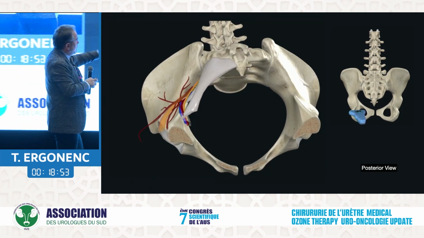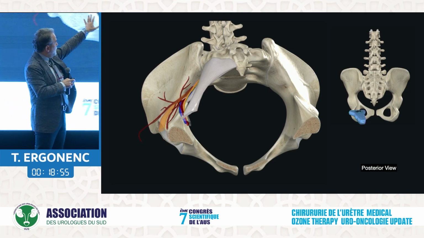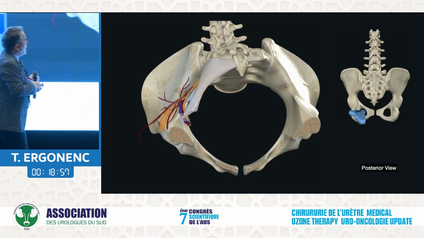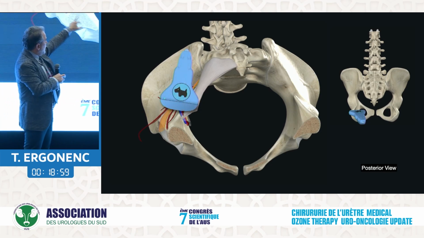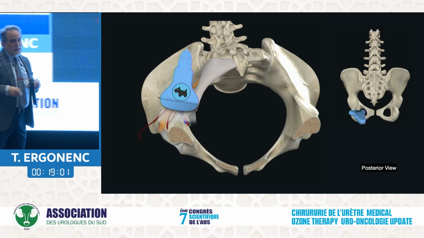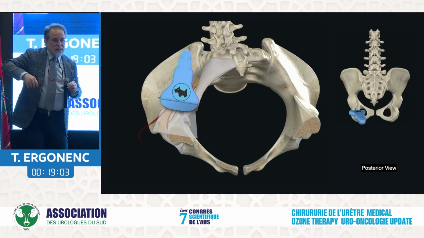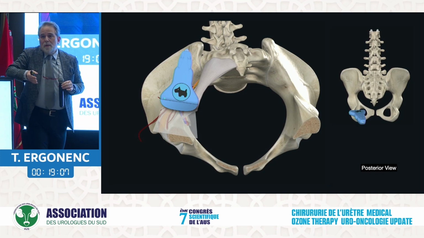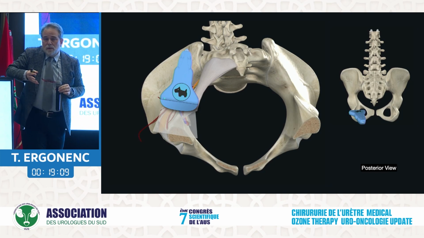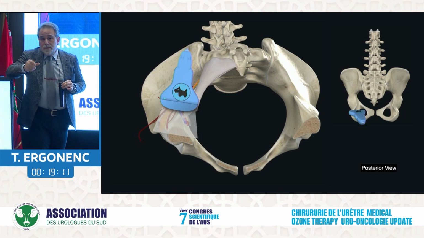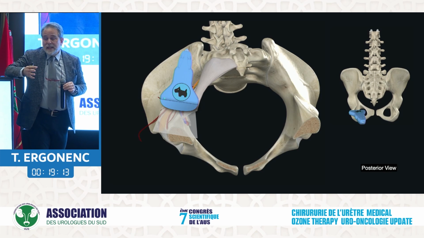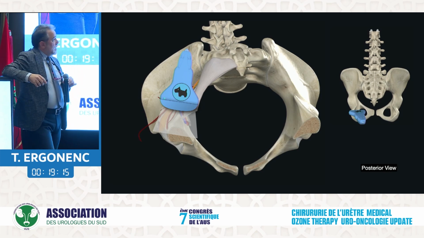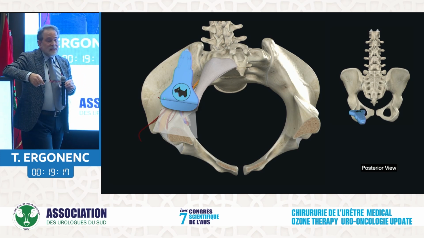The sciatic nerve is here and the pudendal nerve is here. There is a bone intersection between them, so it's not easy for your local anesthetic agent to spread. If you use ozone, there is no problem with neuropathic pathologies, because ozone has no local anesthetic effect. You can use ozone easily and safely here.